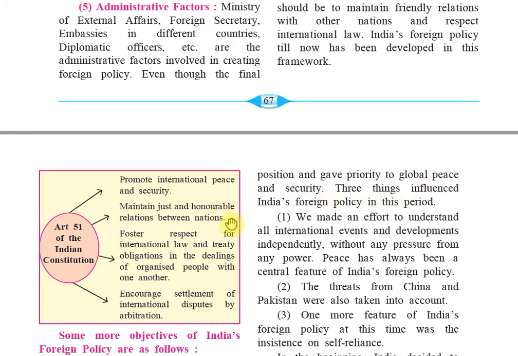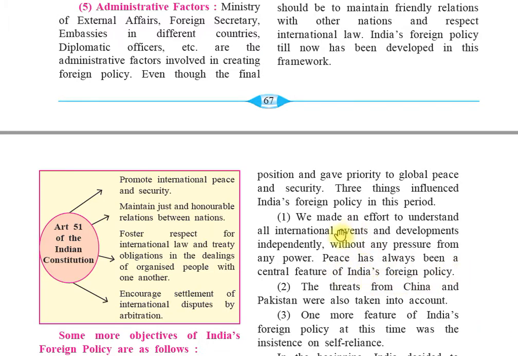Three things influenced Indian foreign policy in this period. We made an effort to understand all international events and developments independently, without any pressure or power.